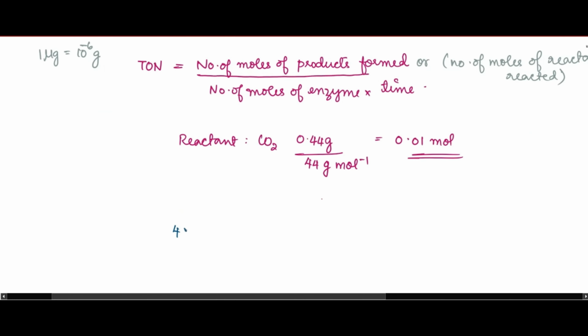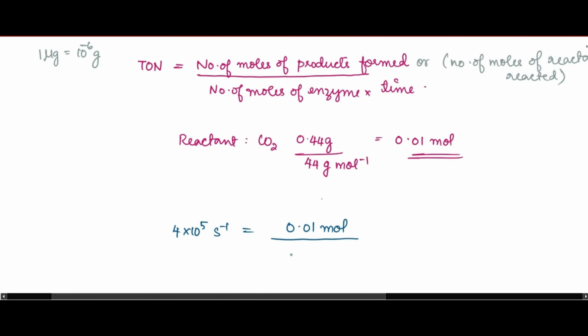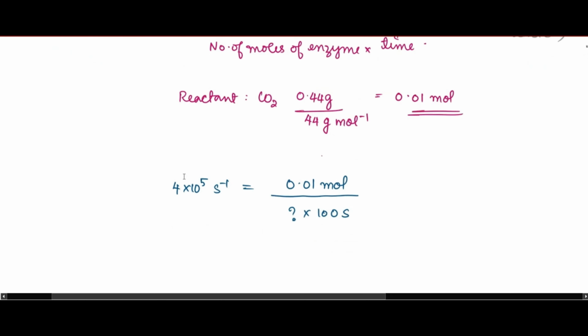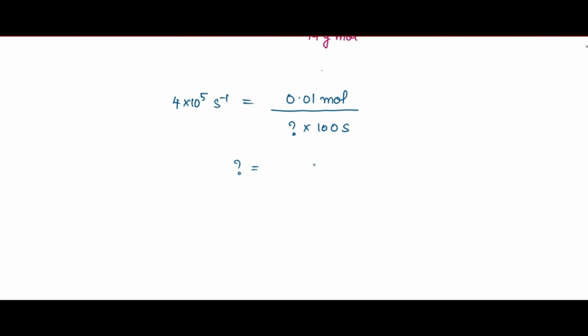Turnover number is given as 4 into 10 to the power 5 per second, which is equal to 0.01 mole divided by the number of moles of enzyme, which we do not know, into what is the time given in the question? 100 seconds. So you find this question mark. This is equal to 0.01 divided by 4 into 10 to the power 5.